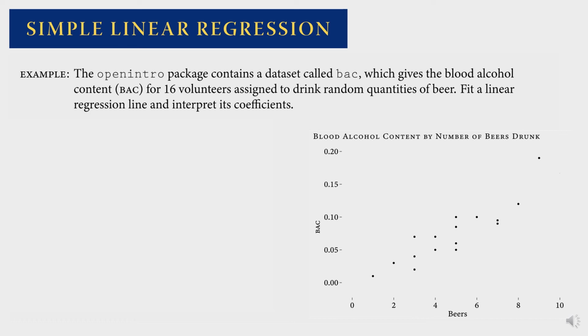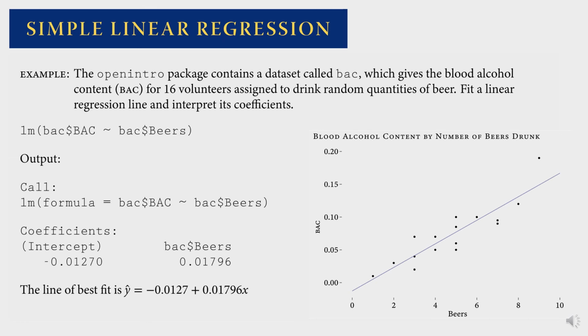Here's an example from the OpenIntro package. 16 volunteers were randomly assigned a number of beers to drink, and afterward their blood alcohol content was measured. Let's fit a least squares regression line to this. I go into R and enter this lm command.